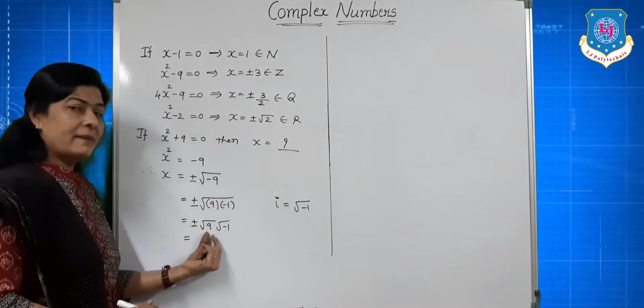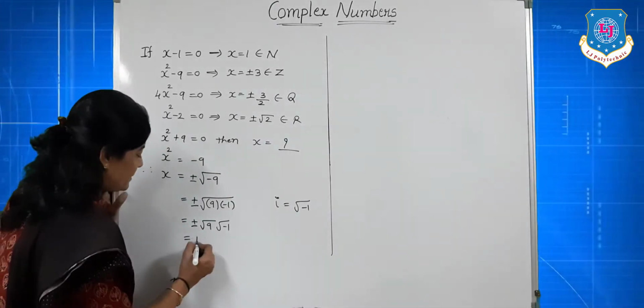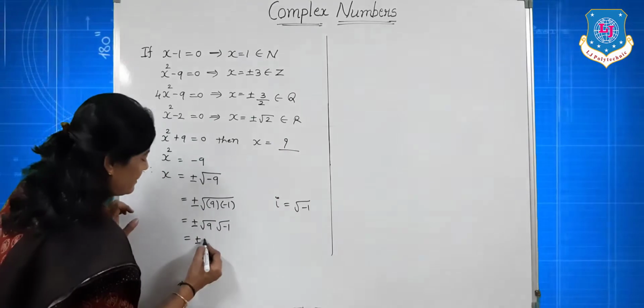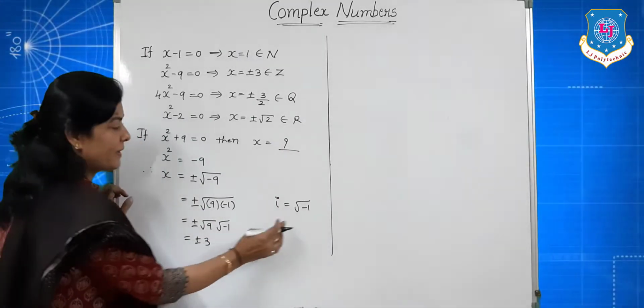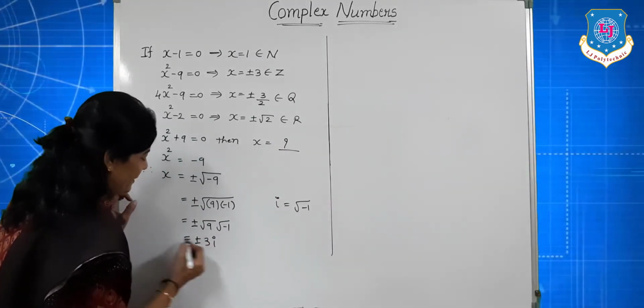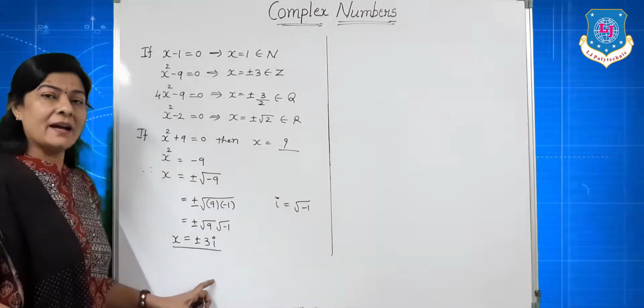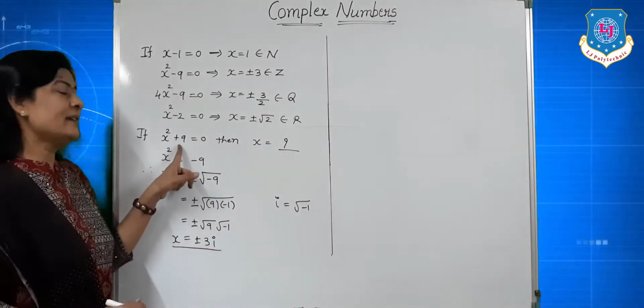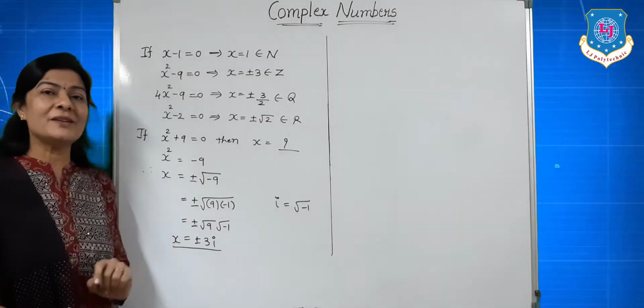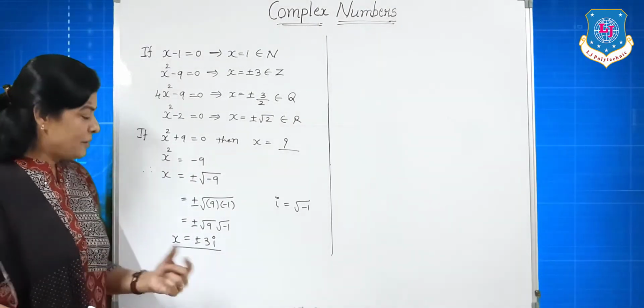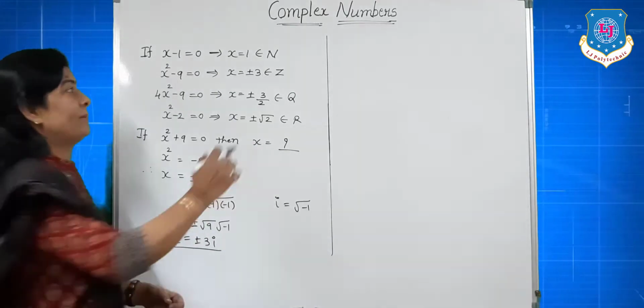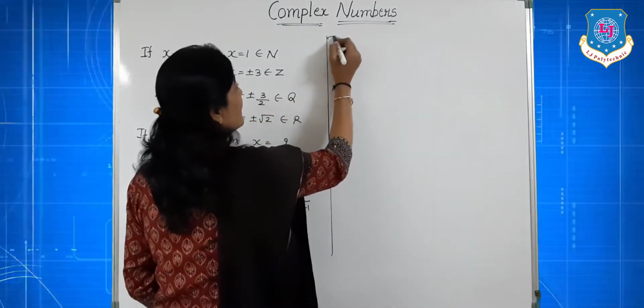Now, square root of 9 is 3 and square root of minus 1 is i. So, x is equal to plus minus 3i is the solution of the given equation x square plus 9 is equal to 0. तो पहले हम देखते हैं कॉम्प्लेक्स नंबर की डेफिनेशन.